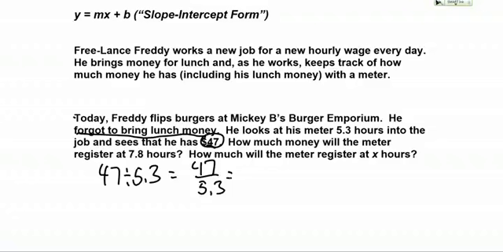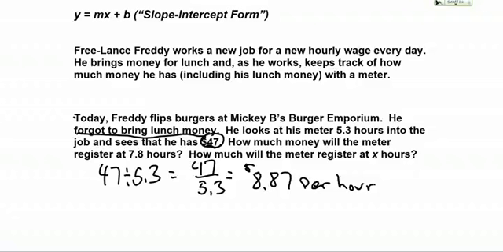And that turns out to be around, we're going to be very approximate in this lecture, $8.87 in each one of those hours. So $8.87 per hour.